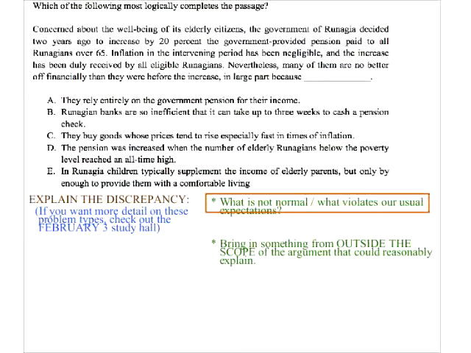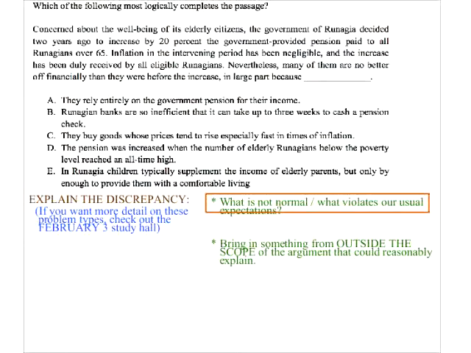Yeah, Anna captures this pretty nicely. These people were actually given more money, but somehow they're not any better off, even though they've actually been given more money. So what we need is some means by which their standard of living is being kept from going up.